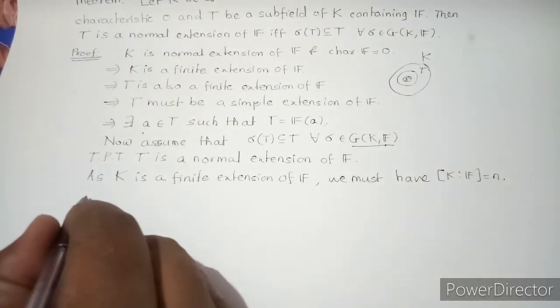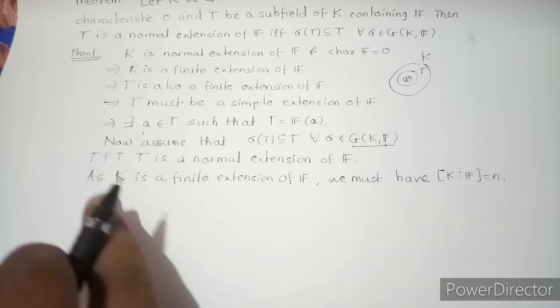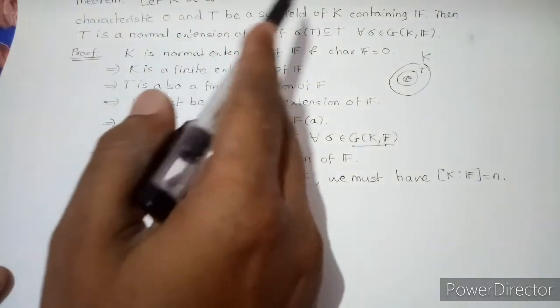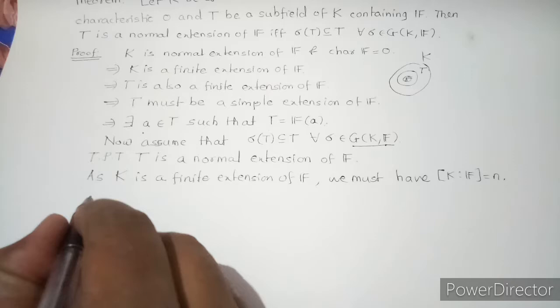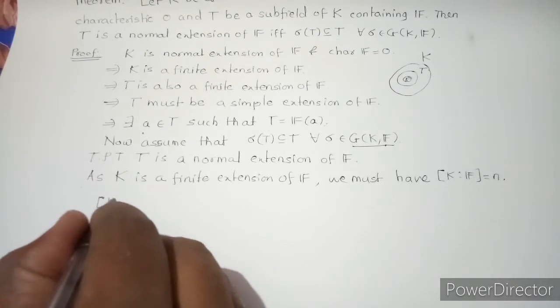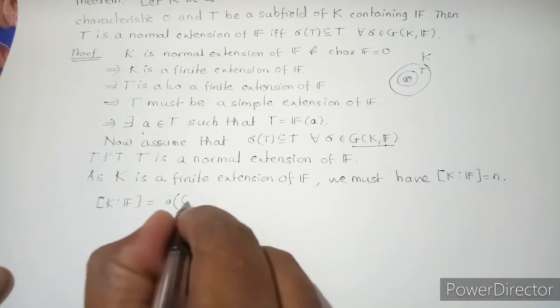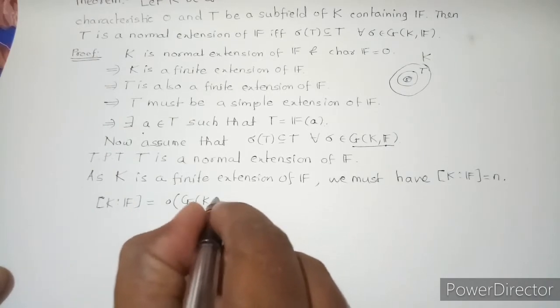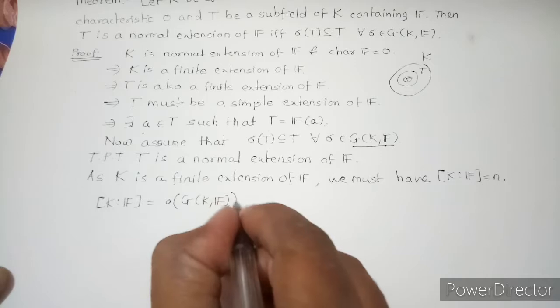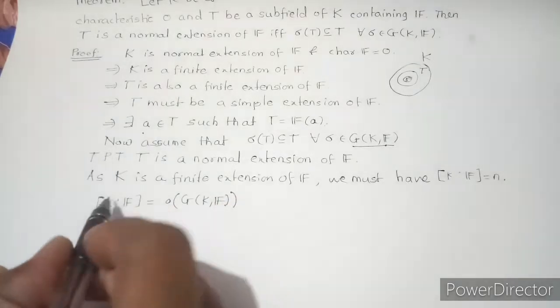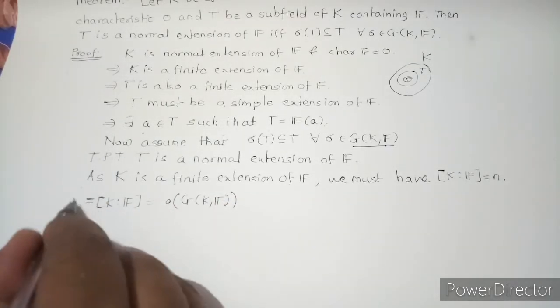Also, by the corollary, since K is a normal extension of F, we must have degree of K over F equal to order of GKF. But we have assumed that degree of K over F is n.